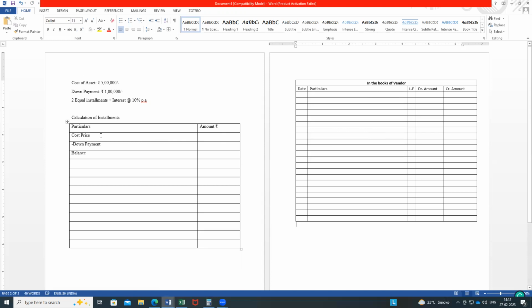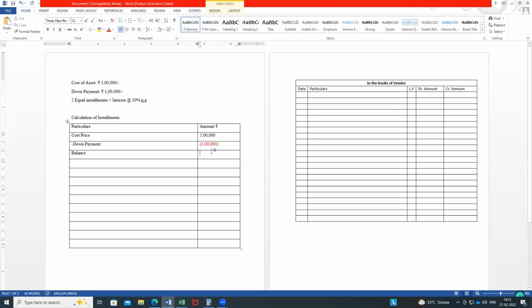Now the cost price of the asset is 5 lakh. So I will quickly write 5 lakh rupees. Then the down payment which was made is 1 lakh rupees. So I have to reduce this 1 lakh rupees. 5 लाख में से 1 लाख हम reduce कर देते हैं.